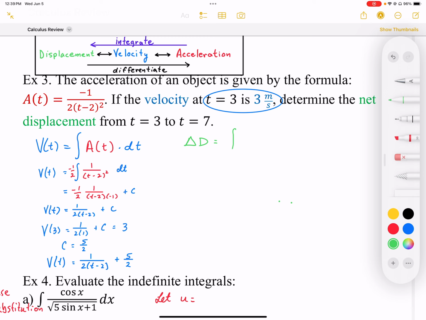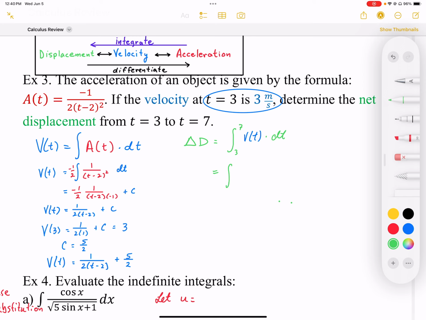That's going to be the area under the integral from 3 to 7, or the area underneath the velocity function will give me the net displacement.